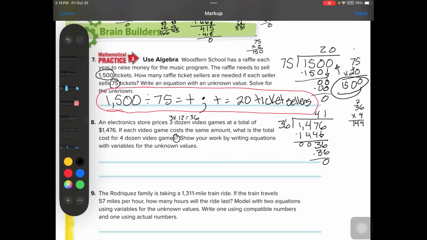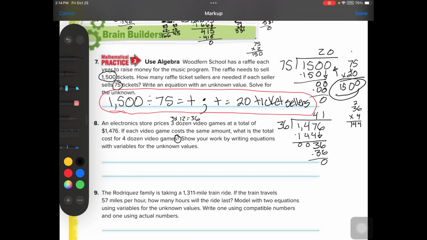So I'm going to write some information here. I'm going to leave a space. Leave this gap right here, okay? So right here we need to write that the total cost for the 36 games is $1,476. We then divided that by 36, which is what we did here.